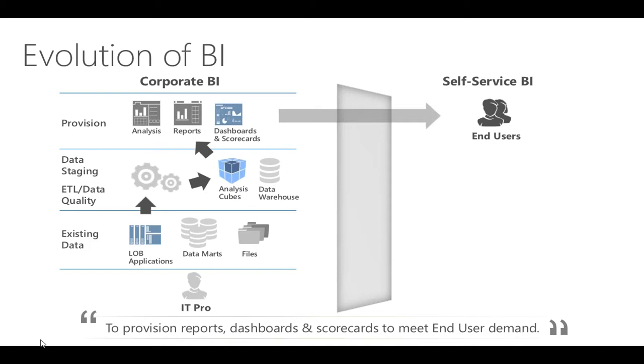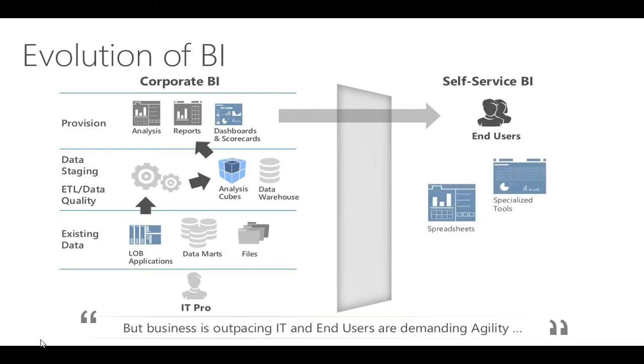The line between producers and consumers is becoming blurred, and end users, in addition to IT, are creating business intelligence content. Today users expect to be able to do their own analysis and create their own reports. The two most common ways that they do this is via Excel spreadsheets, and then there's a wide variety of specialized tools for analyzing data and reporting.